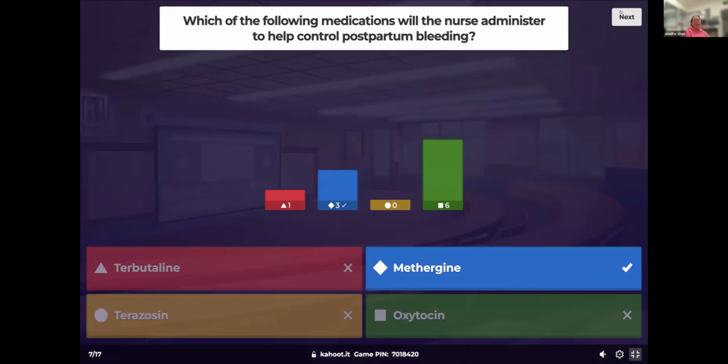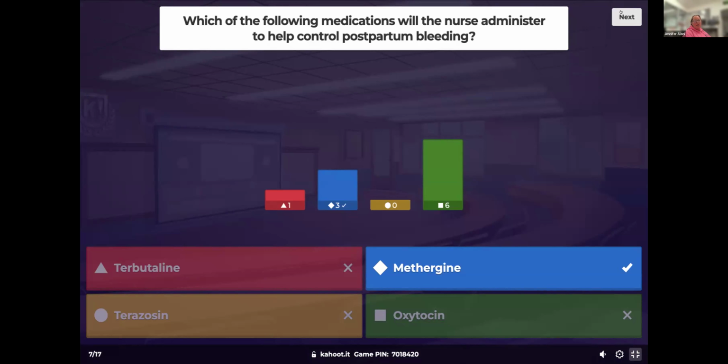All right, so I want to correct this question. Which of the following are going to help control postpartum bleeding? There are two answers here. Methergine and what else? Oxytocin. Yep. Oxytocin is used to bring the contractions on and bring the contractions after, right? Contract that uterus. So there would be two answers.